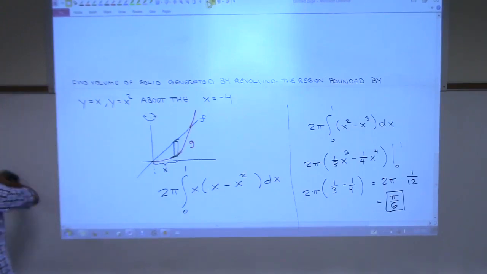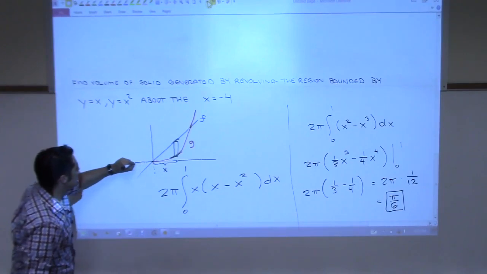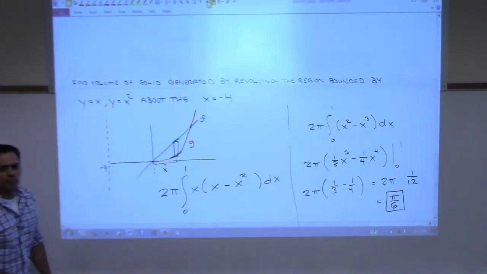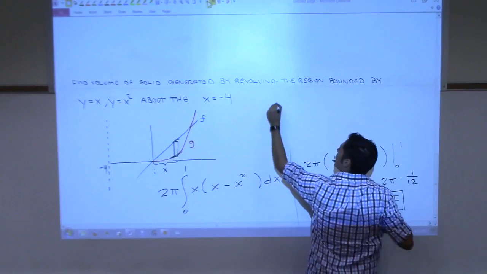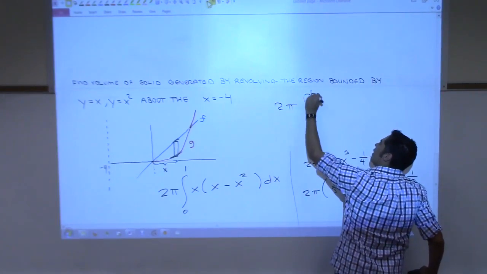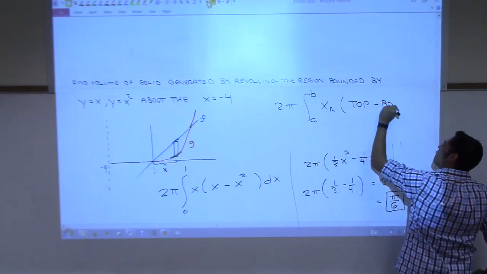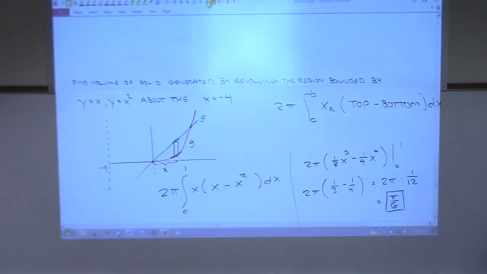In our picture, the axis of rotation is now over here, right? -4. What in the formula will change? 2 pi integral a to b x sub r, and then top minus bottom dx, right? That's the formula?